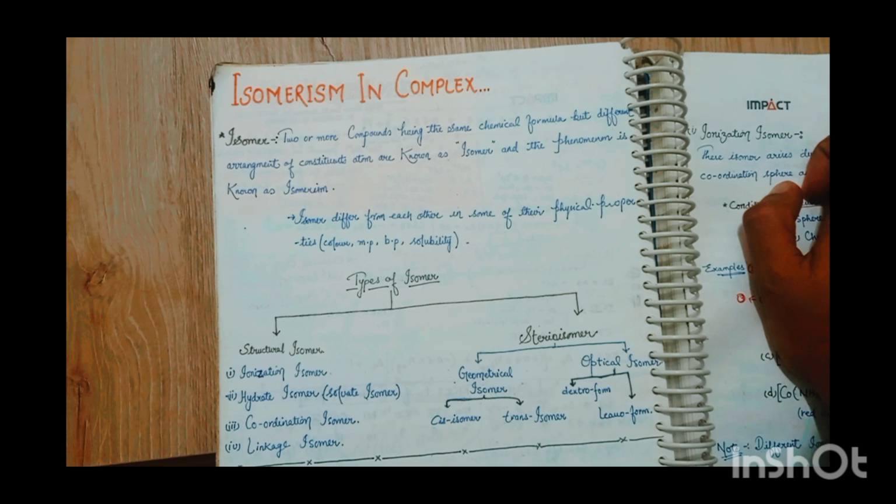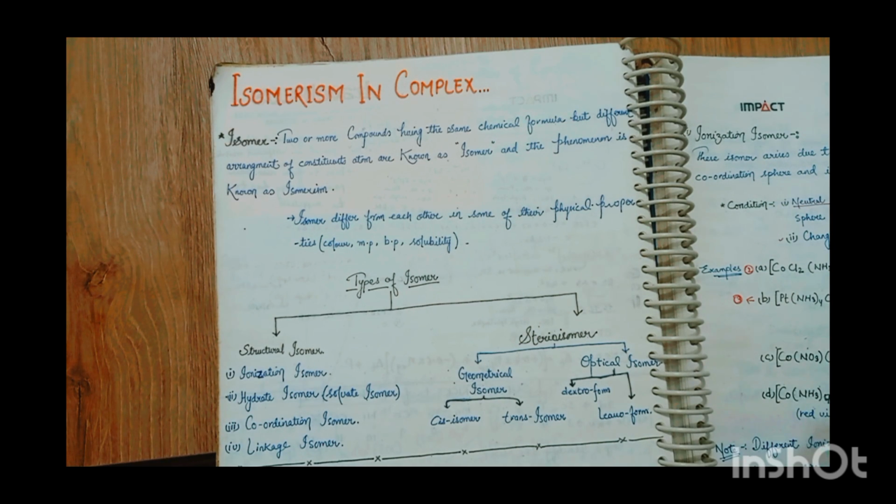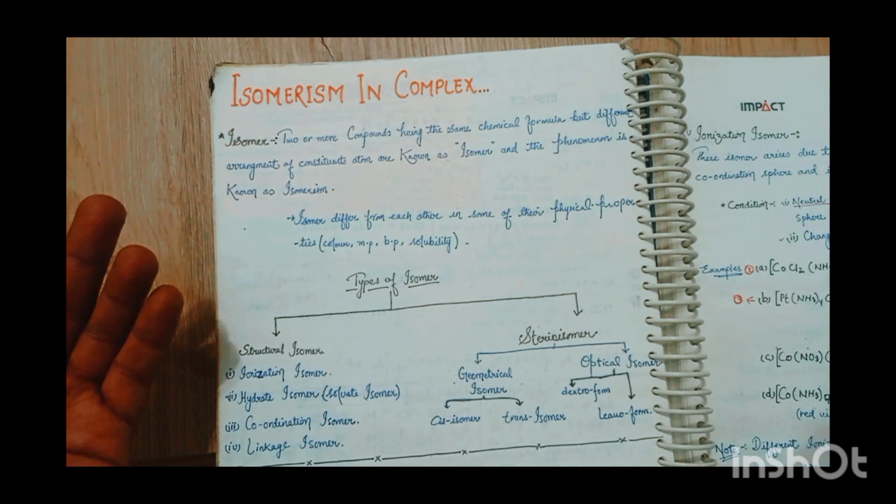After that, a very important point, never miss this point: all the isomers differ from each other in their physical properties, while their chemical properties are identical or the same. Why are they different in their physical properties? Because of the different structural arrangement.